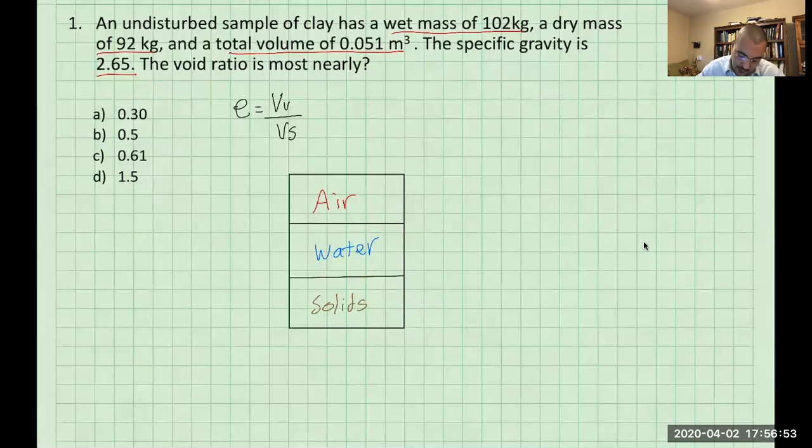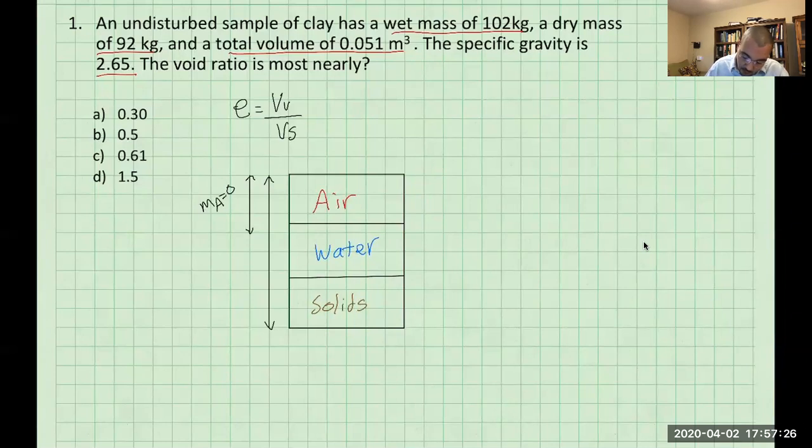To the left side of this phase diagram, you can have a weight or a mass relationship. In this case, we are given a mass. The question is saying a wet mass. This means the mass of water and the mass of solids. In a phase relationship, we consider that the mass of air is equal to 0.